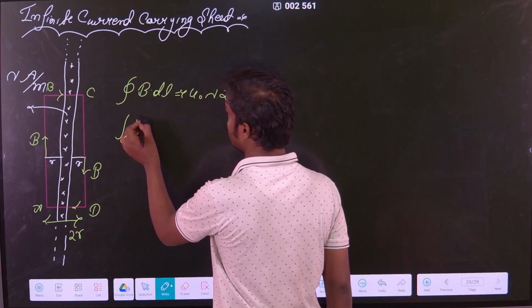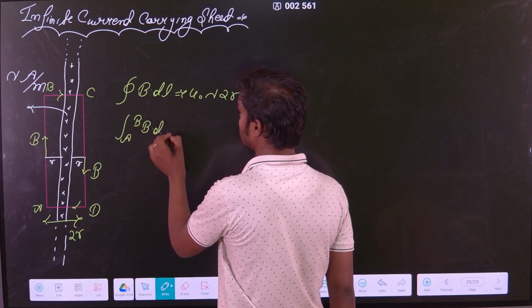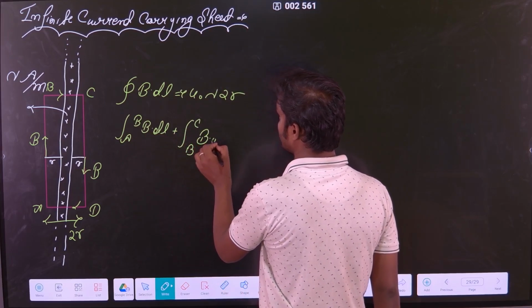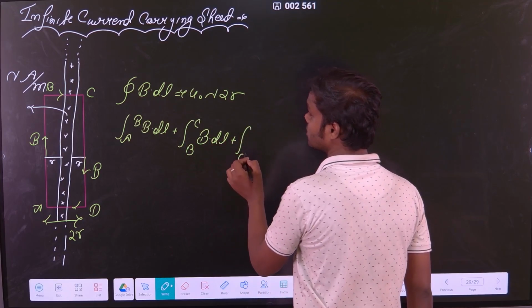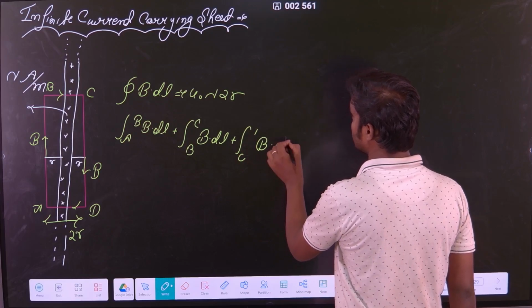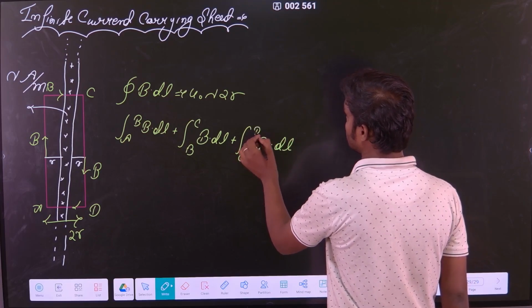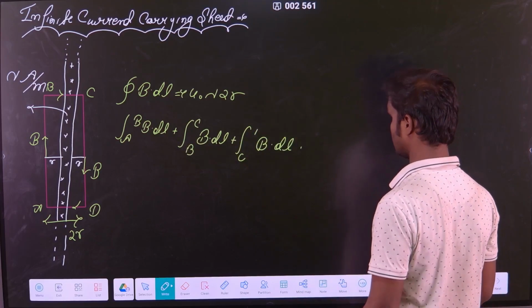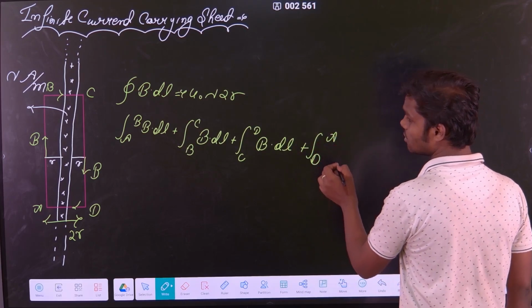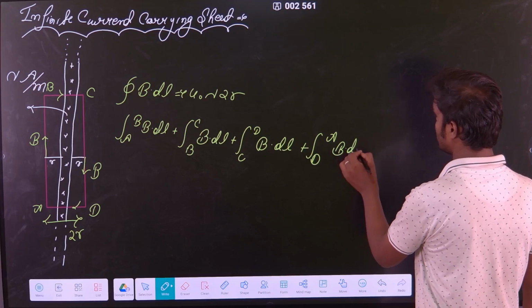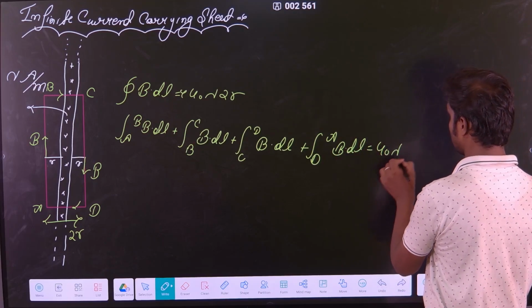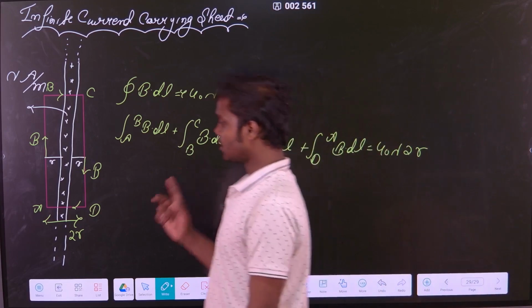So for A to B, B dot dl, from B to C, B dot dl, from C to D, B dot dl, from D to A, B dot dl.